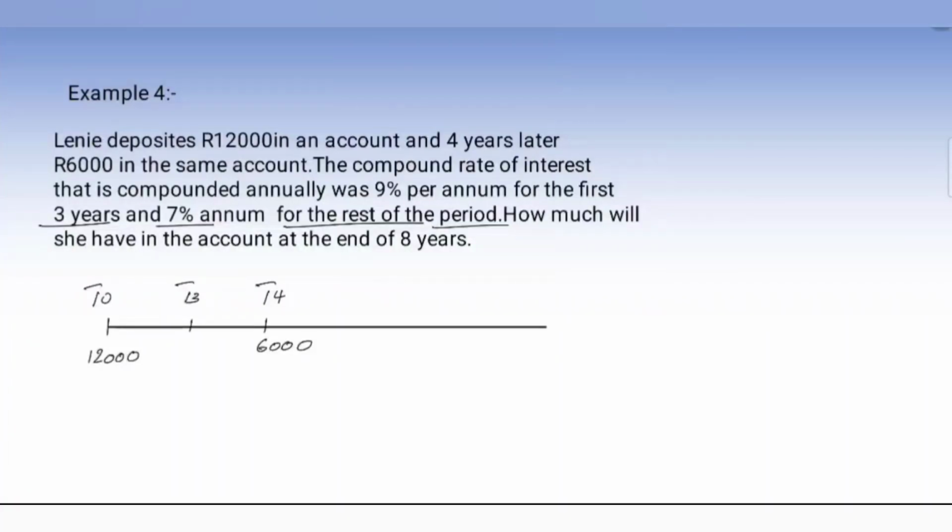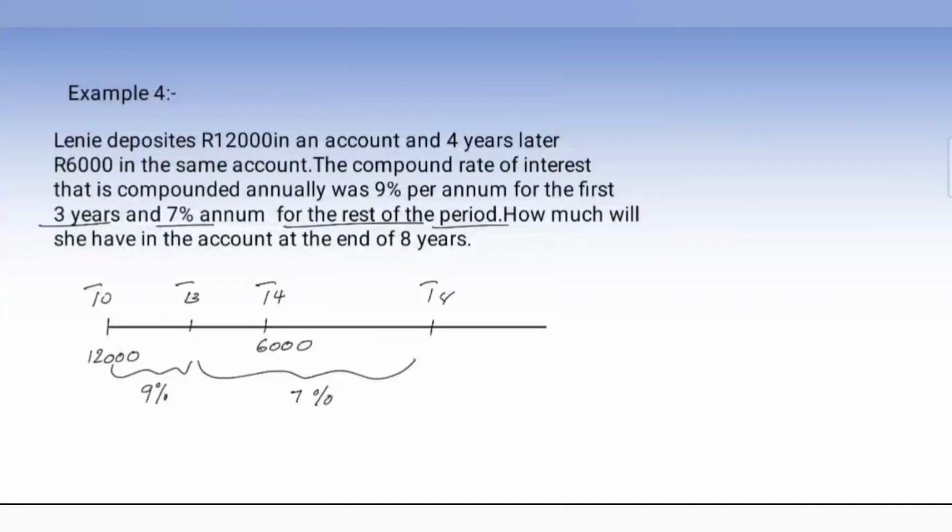Now let me write the interest rate on the timeline. The first 3 years it is going to be 9%, that is T0 up until T3. From here up until here, what is the interest rate? 9%. From T3 to the end, that is altogether 8 years, let me write T8. So T3 up until T8, the interest rate is 7%.